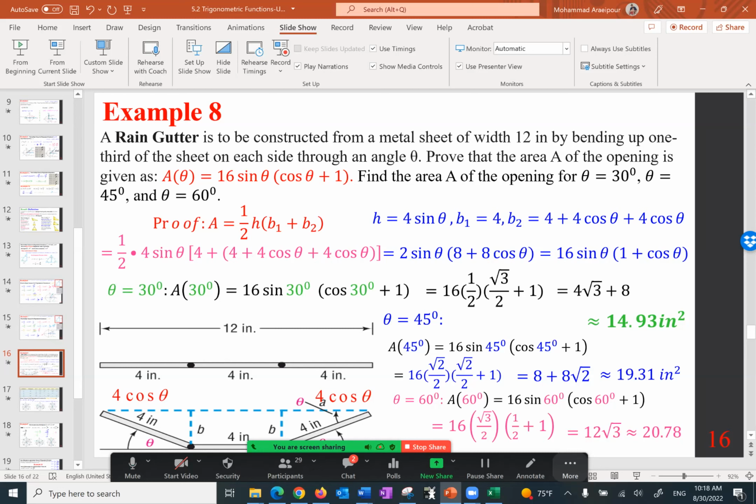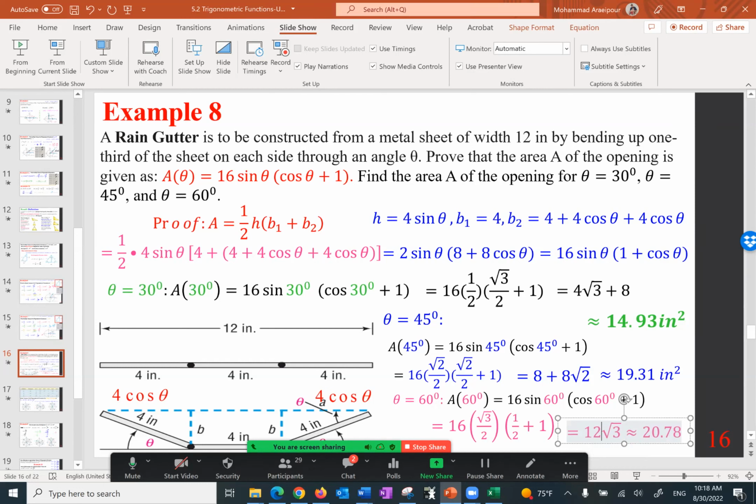And now, so 8, so this is 4 square root of 3. And yeah, the total is 12 square root of 3, that's right.